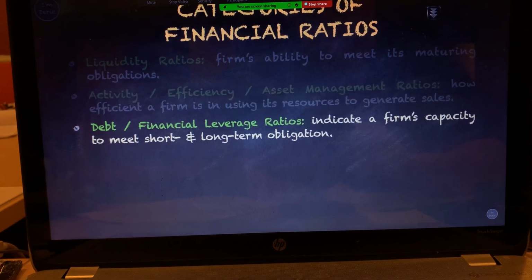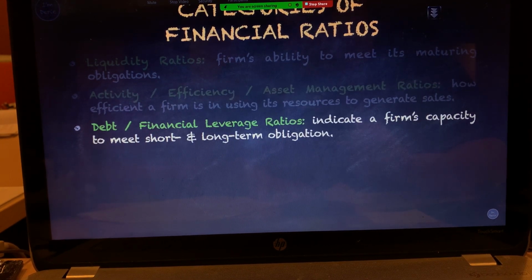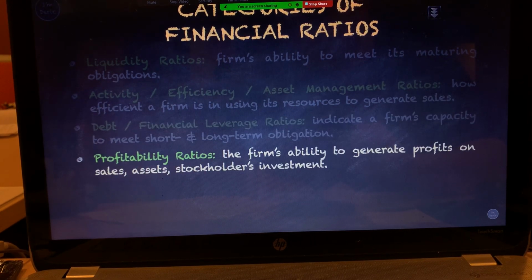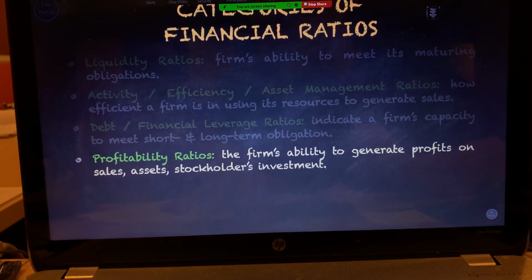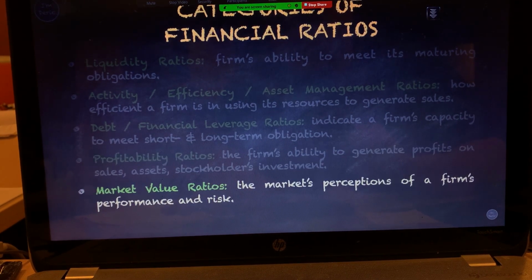Third, debt or financial leverage ratios, which indicate a firm's capacity to meet short and long-term obligations. Fourth, profitability ratios, which measure the firm's ability to generate profits on sales, assets, and stockholders' investments. Fifth, market value ratios, which show the market's perceptions of a firm's performance and risk.